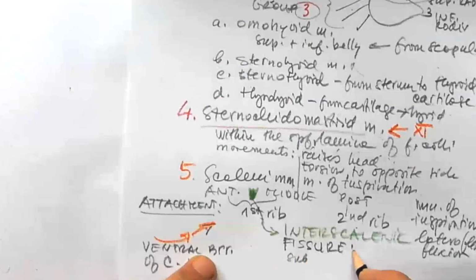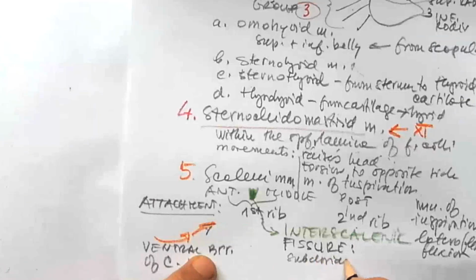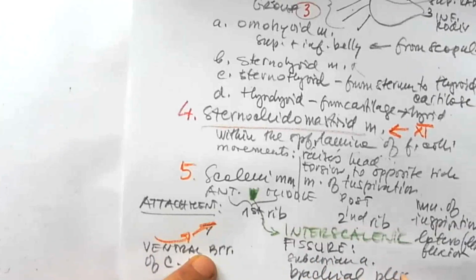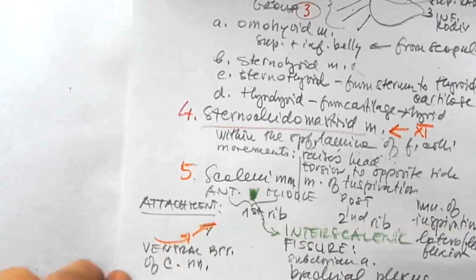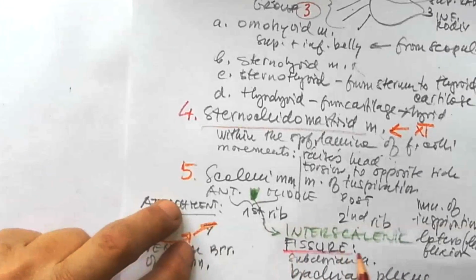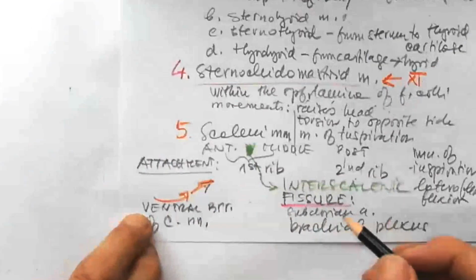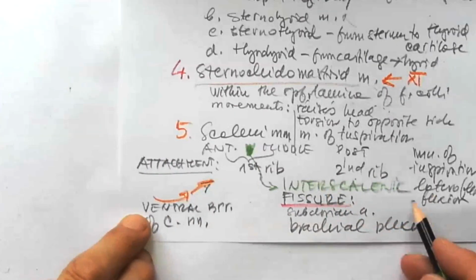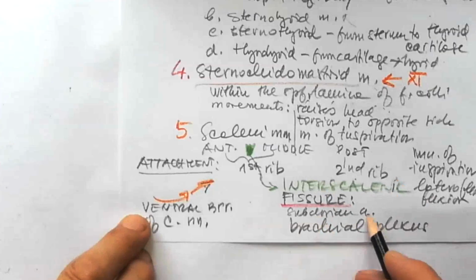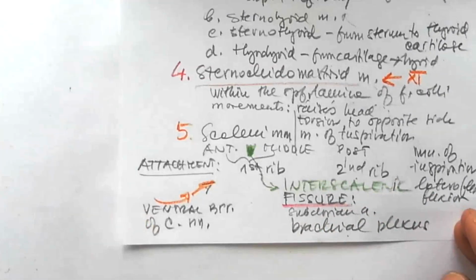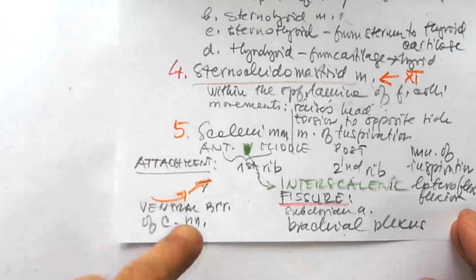We can just put here two names: subclavian artery, brachial plexus, just to know that the structures pass through this fissure, not in front of, because this is the vein. So I mean that this is quite clear. There is the interscalenic fissure, which contains the subclavian artery, not vein, and the brachial plexus, three trunks. That's it. And this is number 5.